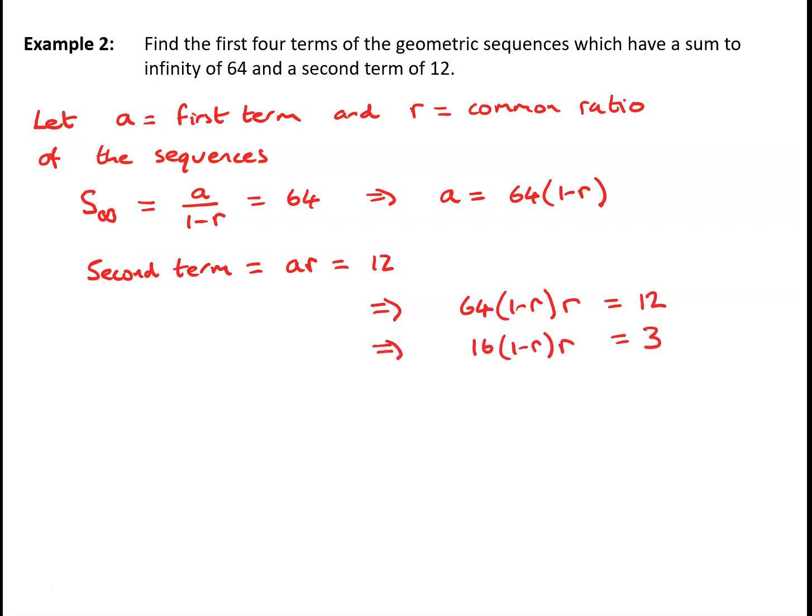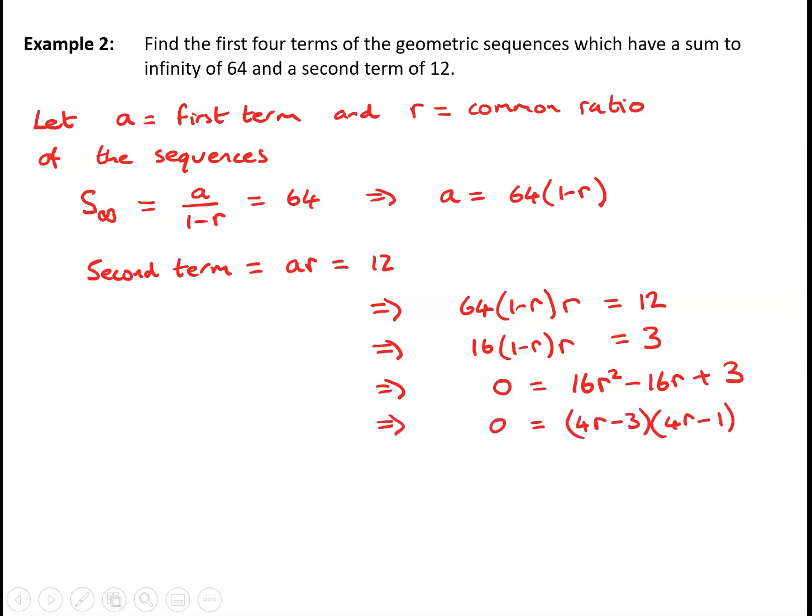Dividing through by 4 gives me 16 times 1 minus r times r must equal 3. Multiplying out and getting all the terms on one side, we've got 16r squared minus 16r plus 3 must equal 0, which factorises as 0 equals 4r minus 3 times 4r minus 1. In other words, r must equal 3/4 or 1/4.